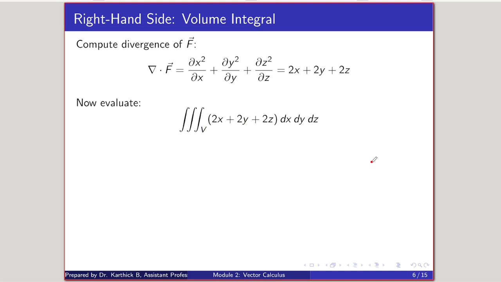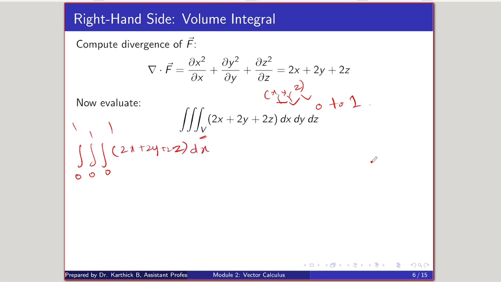Next we are going for the evaluation of the triple integral. Here x, y, z, all three variables vary from 0 to 1, because it is a unit cube. So the limits are 0 to 1, and the function will be 2x plus 2y plus 2z with respect to dx.